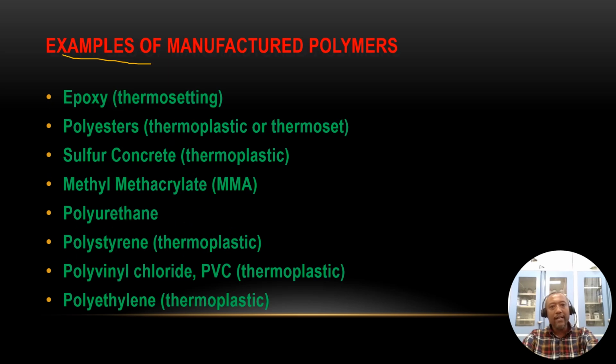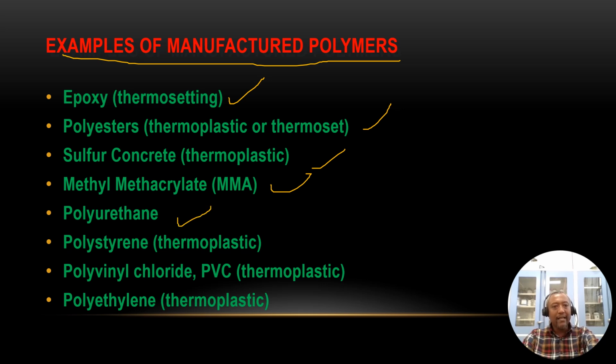Here are also examples of manufactured polymers. It includes epoxy, which is not thermoplastic but thermosetting. Polyester, thermoplastic or thermoset. Sulfur concrete, which is thermoplastic. Methyl methacrylate, abbreviated as MMA, is again an example of a manufactured polymer.